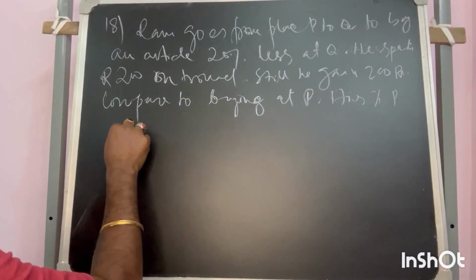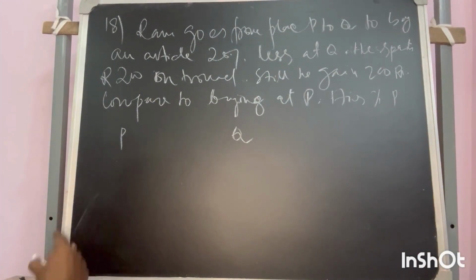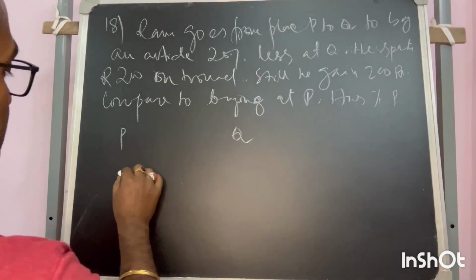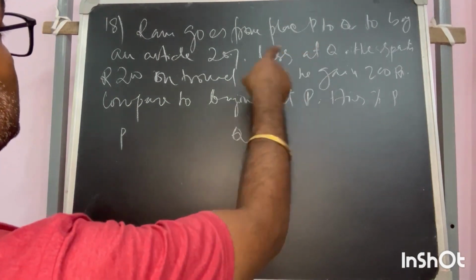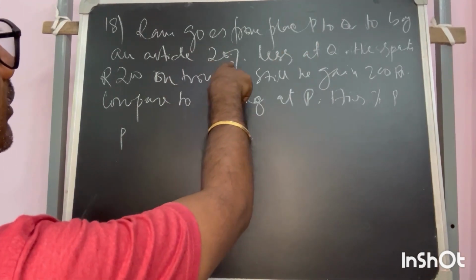So there are two places, P and Q. If he gets it at P, he would not spend the 200 rupees more that he has spent here. P and Q: the article is 20% less in price.